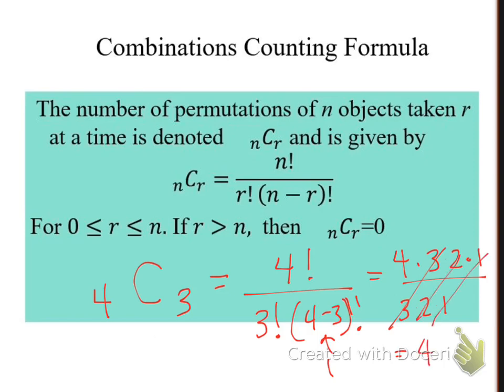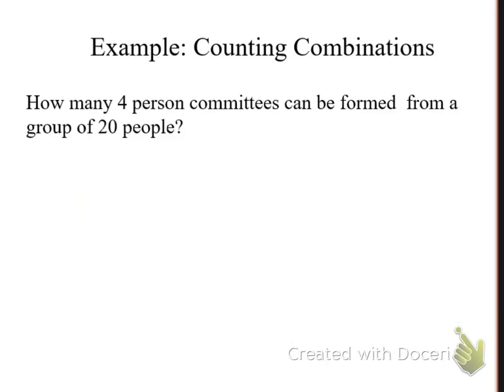So out of all of those letter combinations, there are only 4 special ones that were unique and different from all the other ones if order didn't matter. That's why we have to take it into account. A specific example would be a 4-person committee formed from a group of 20 people.